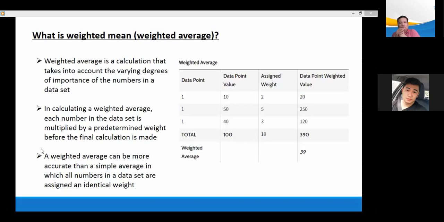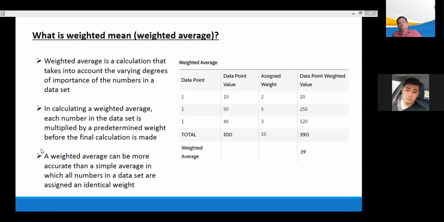A weighted average is a calculation that takes into account the varying degrees of importance of the numbers in a dataset. In calculating a weighted average, each number in the dataset is multiplied by a predetermined weight before the final calculation is made. A weighted average can be more accurate than a simple average in which all numbers in a dataset are assigned an identical weight.